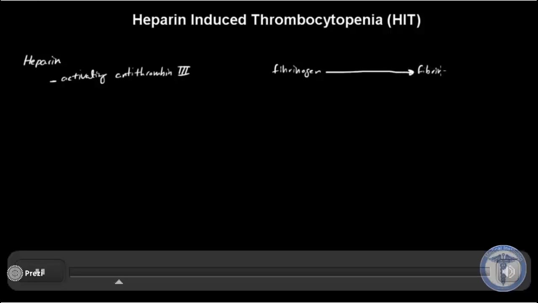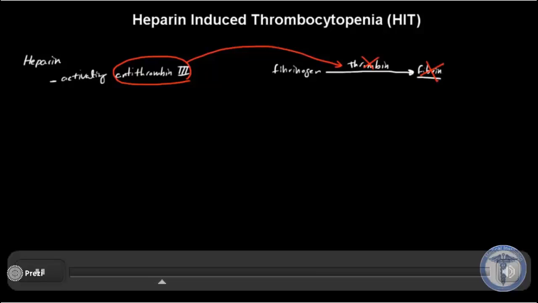And fibrin is one of the main important components of the coagulation cascade, right? So we don't want to make this fibrin. And in order for fibrinogen to get converted into fibrin, we need thrombin. So if we give the patient heparin, heparin will activate antithrombin 3, which will then inhibit thrombin. Therefore, we're gonna have inhibition of fibrin production.